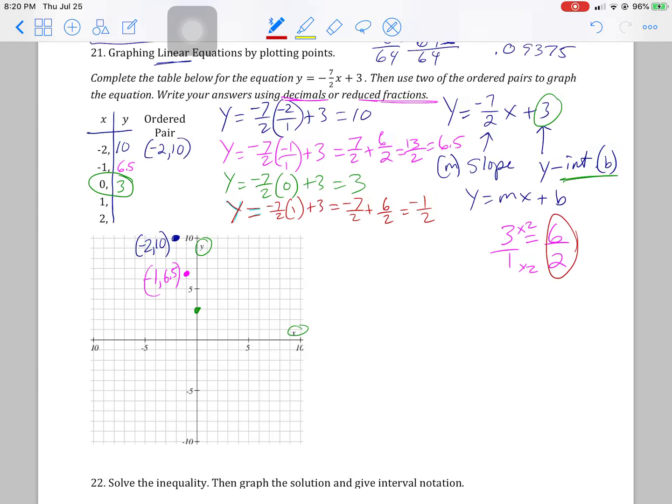So when x is 1, I should be writing this over here, it is a -1/2. So 1, -1/2. This was 0, 3. This was negative 1, 6.5. Okay. Let's see. 1 and negative half. That's right there, right? Kind of, sort of.